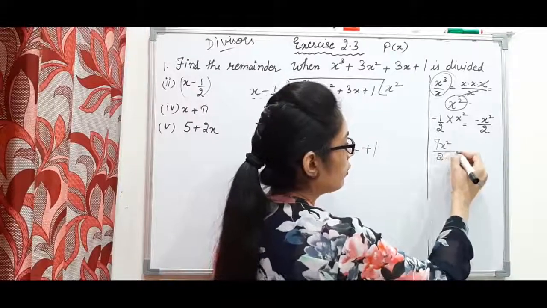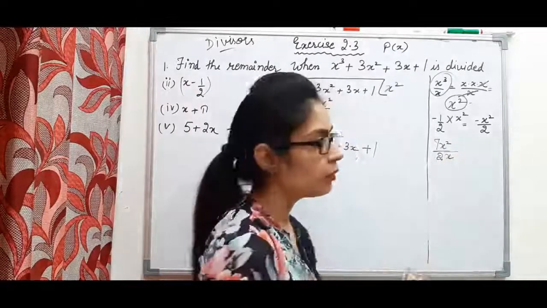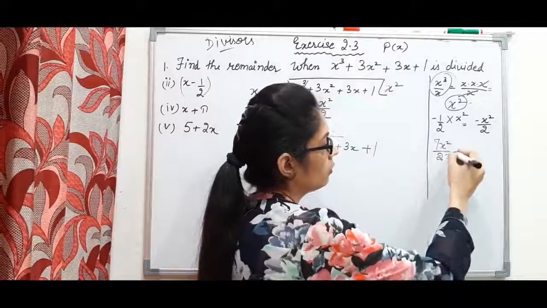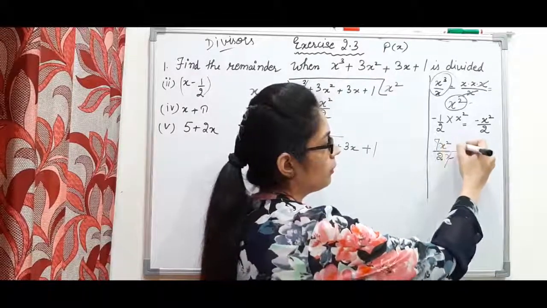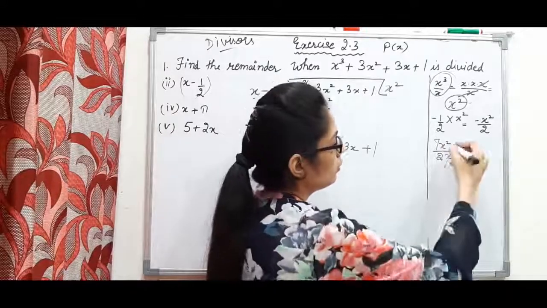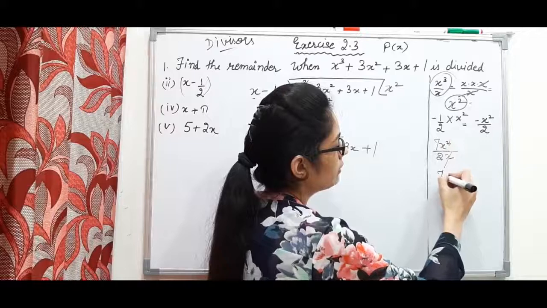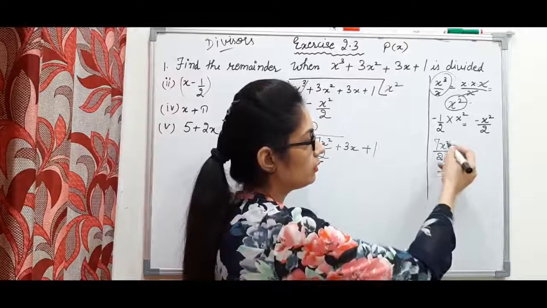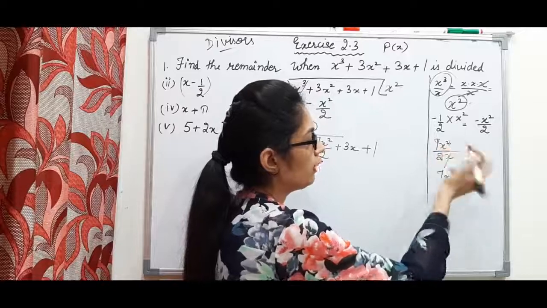Or directly you can write it here, because 2 will be multiplied with x now. So this x square means x into x, so 1x will get cancelled. So I am left with 7x by 2. So 1x I have got cancelled and the remaining is 7 by 2x.